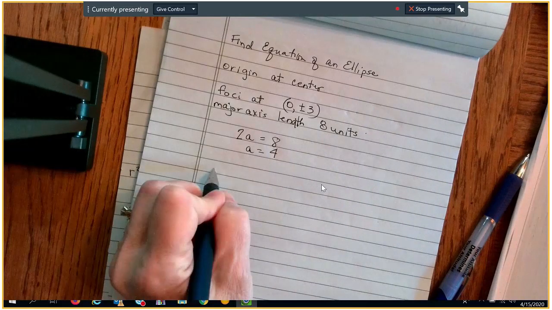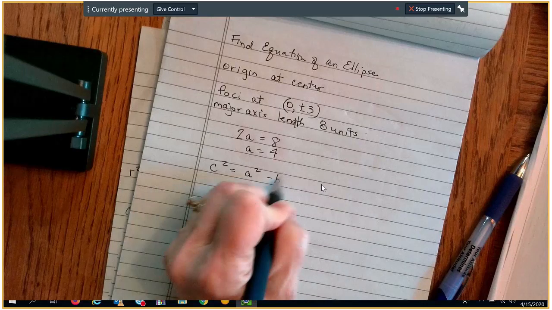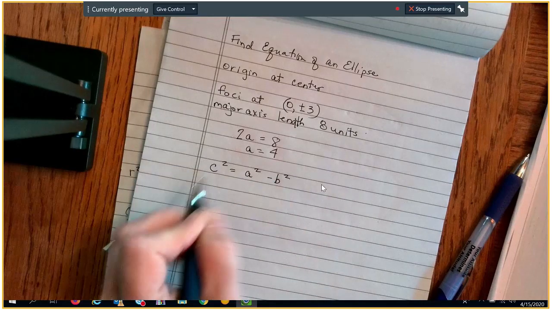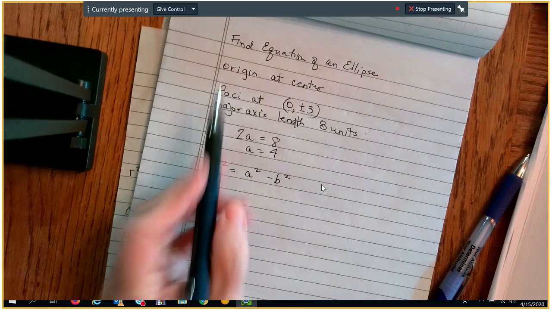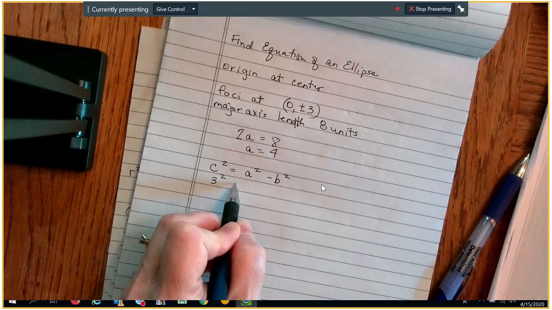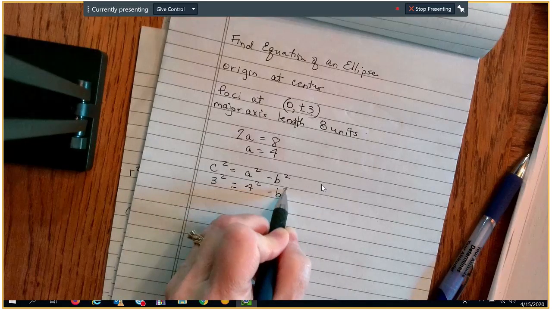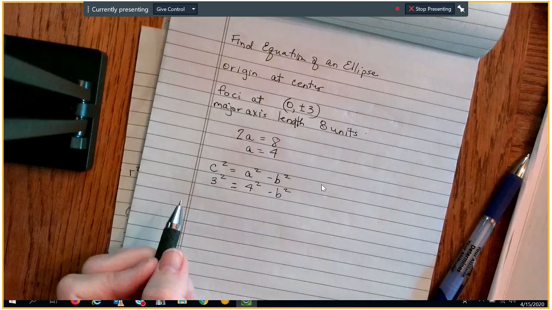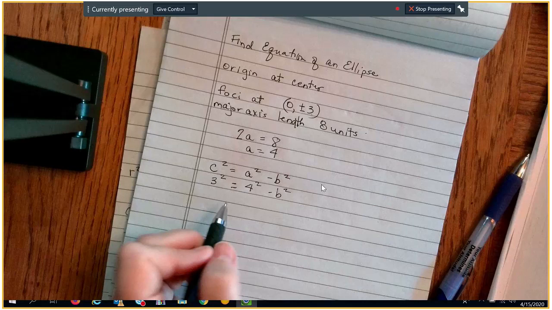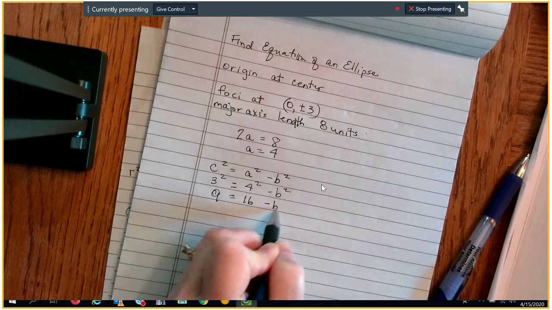We know that c squared equals a squared minus b squared. So if c is 3, then 3 squared equals 4 squared minus b squared. So we have 9 equals 16 minus b squared.